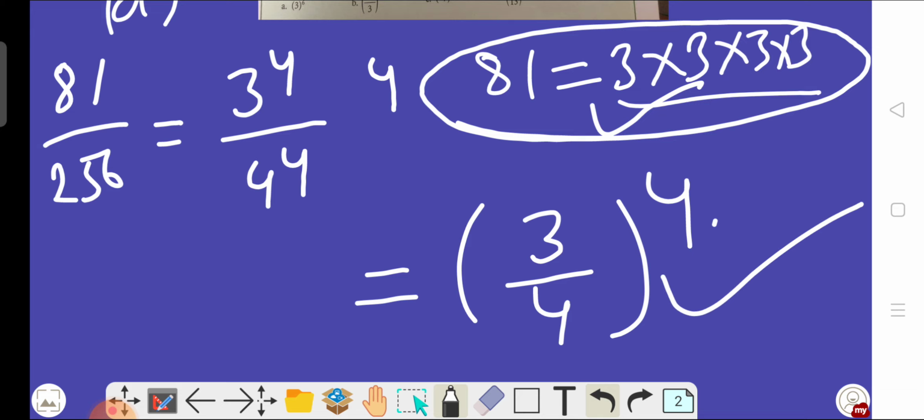So this is the required exponential form of 81 by 256. So this is the solution of your D part.